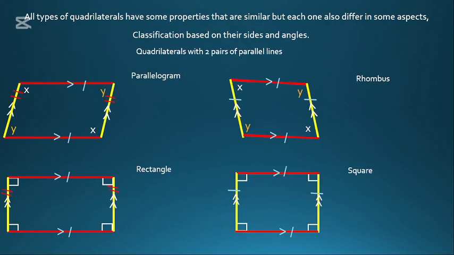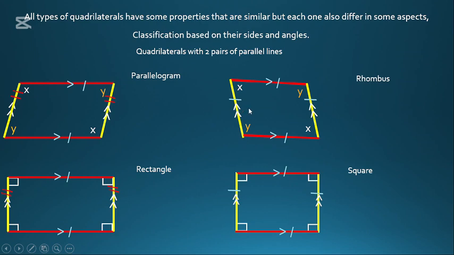Now all types of quadrilaterals have some properties that are similar, but each one also differ in some aspects. Now we are going to classify them based on their sides and angles. Now I group these 4 together because they have very similar properties, but also some different. So it's the parallelogram, the rhombus, rectangle, and the square.